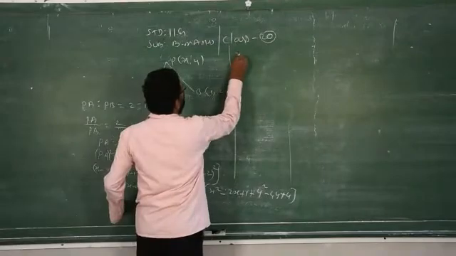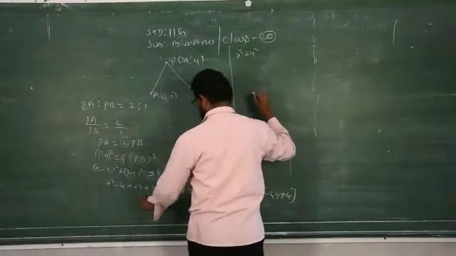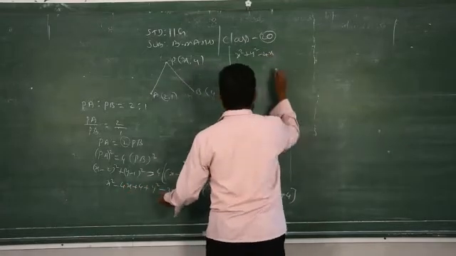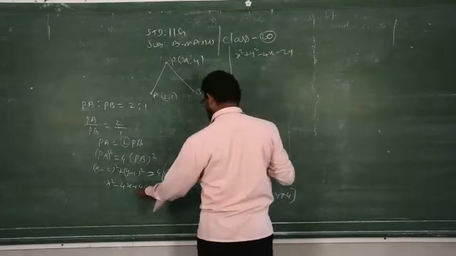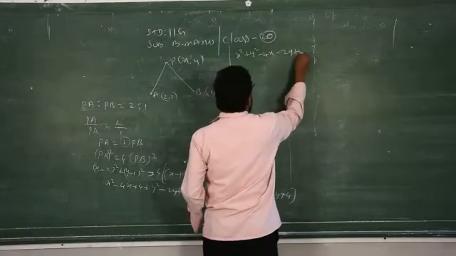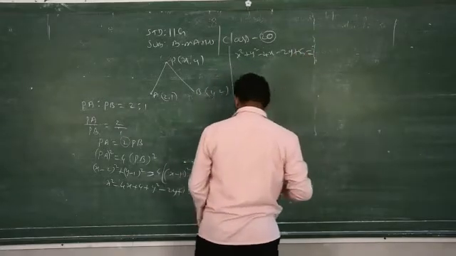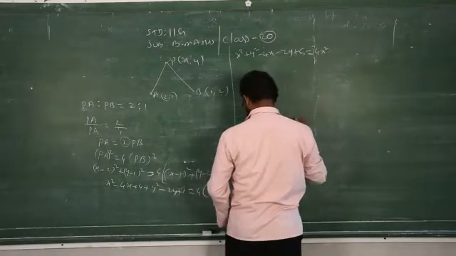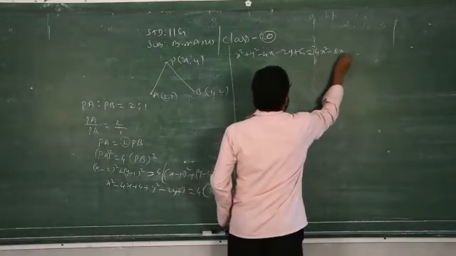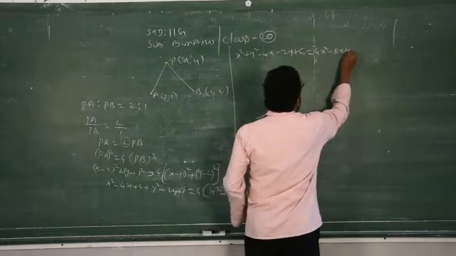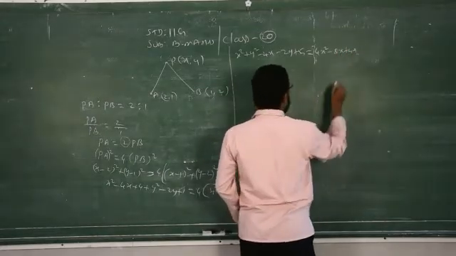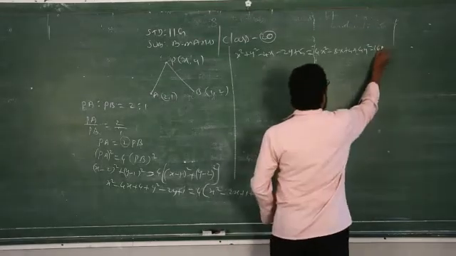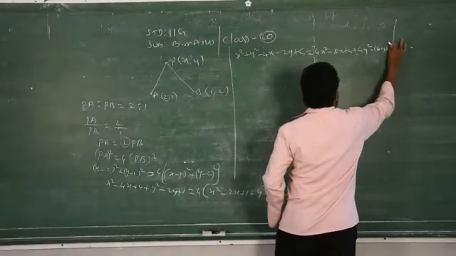So on this side you have to group x square plus y square minus 4x, arranged in order, minus 2y plus 4 plus 1, which is 5, is equal to, now you can multiply 4 inside: 4x square minus 8x plus 4, plus 4y square minus 16y plus 16.